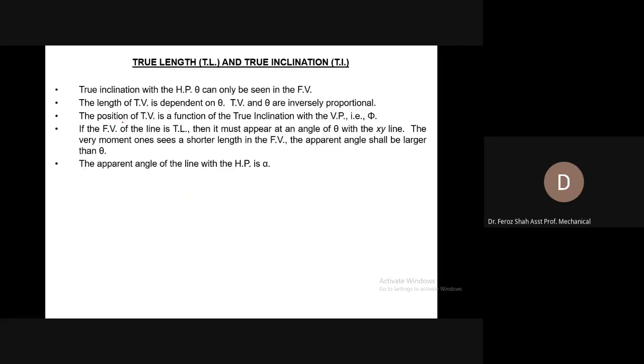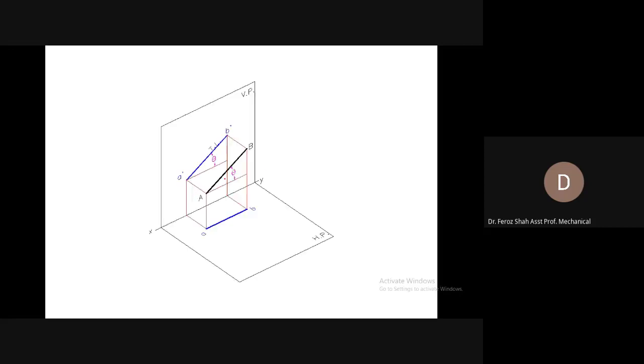So the length of the top view is dependent on theta. Top view and theta are inversely proportional. You can see, increasing the theta by moving this end further away from the horizontal plane, if you move it to this position, the top view will be decreased to this much.